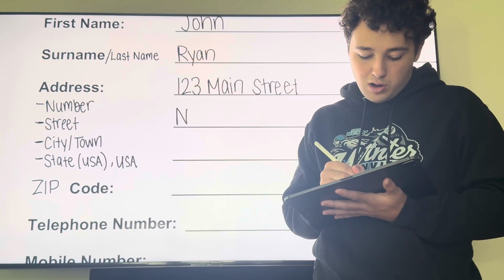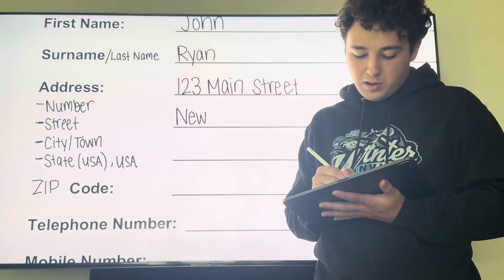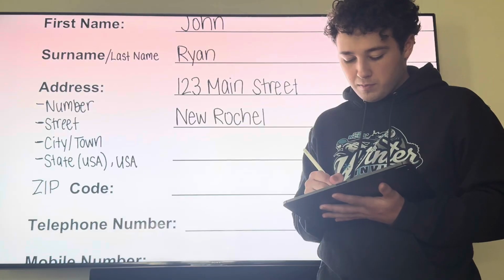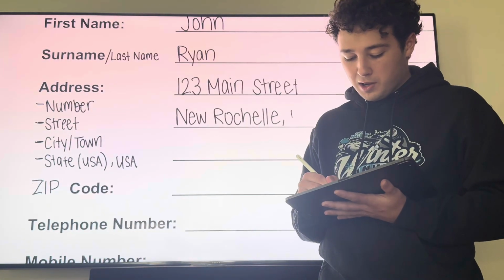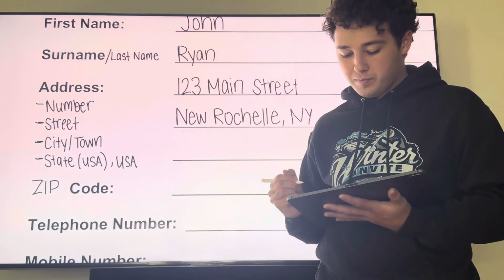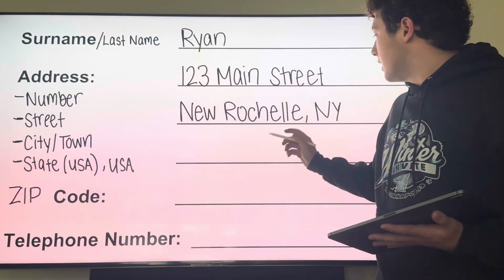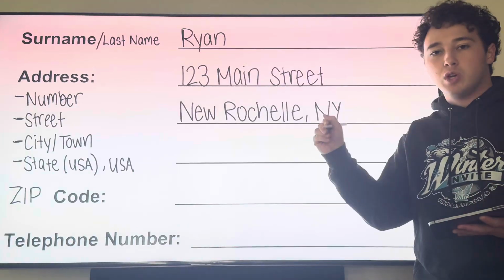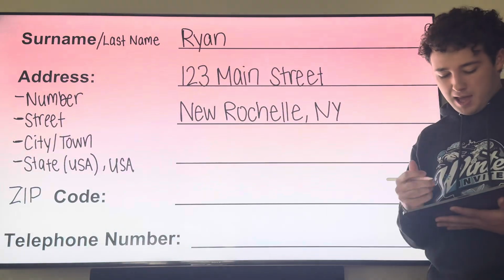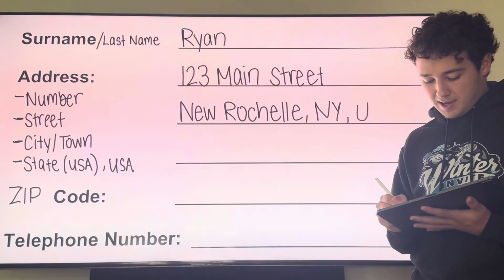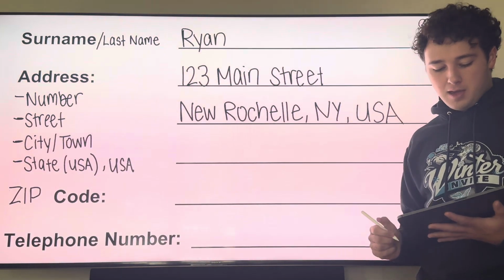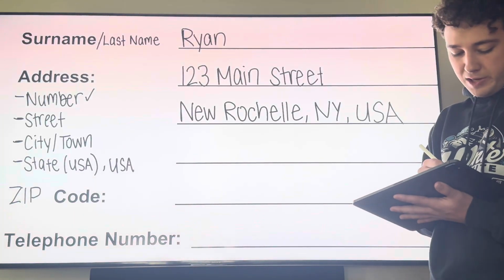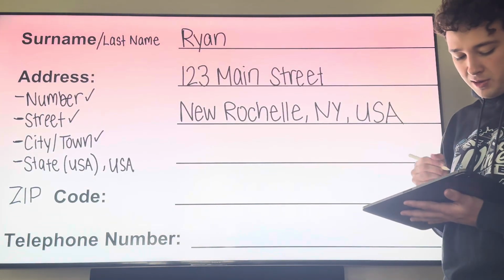So we'll do New Rochelle, New York. The state can just be like this, the abbreviation. So you can write New York, but NY is okay. And then put USA. So make sure for the address you always have the number, the street, the city or the town, and the state.